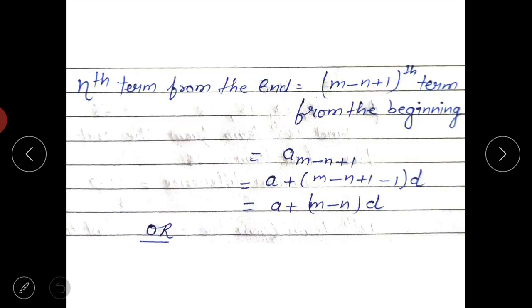So for the nth term from the end, the formula is the (m minus n plus 1)th term from the beginning, where m is the total number of terms and n is the term we want to find.